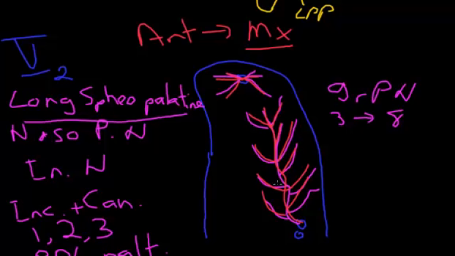Now, if you can keep this picture in mind, where you can see the greater palatine nerve and the nasopalatine or long sphenopalatine nerve, you can easily understand what you need to do.